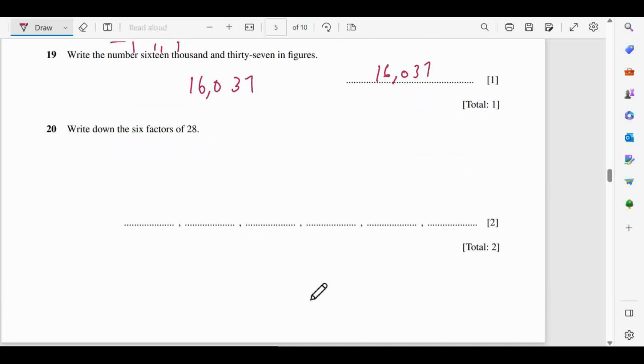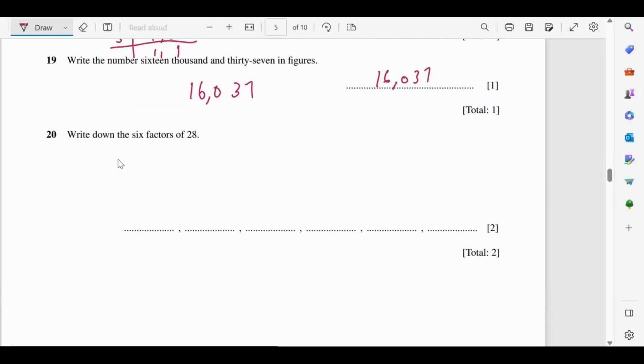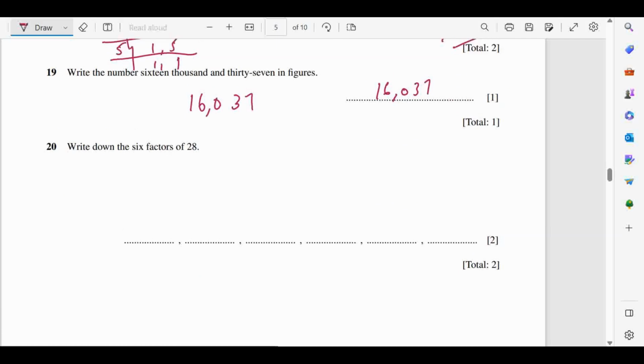Let's move to question number 20. Write down the 6 factors of 28. So the factors of 28 will be 1, 2, and then we will have 4, then we will have 7, then 14 and 28.